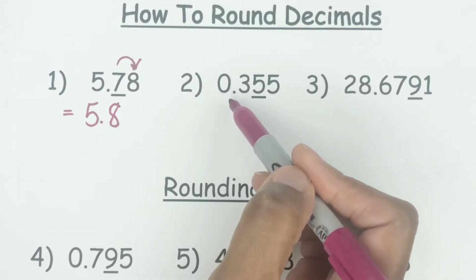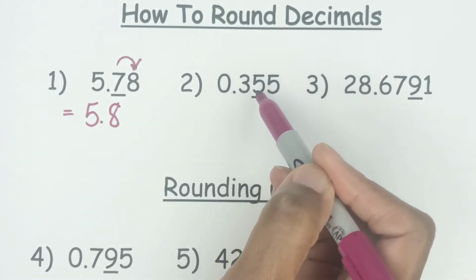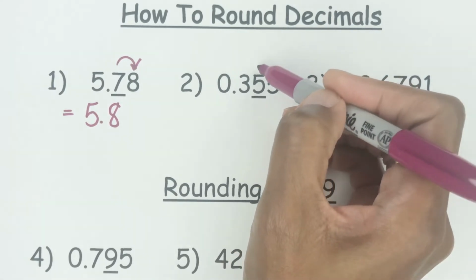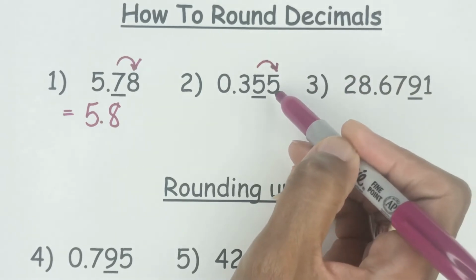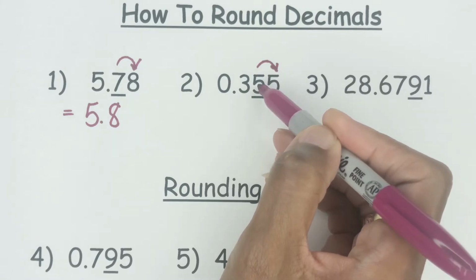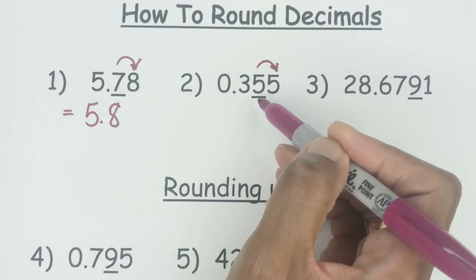Here we have 0.355, and we're rounding to the 100th place, which is the 5 in the middle. The first thing we have to do is look to the right. When you look at this number, this is a 5. So 5 or above, give it a shove. Give this underlined digit a shove up to the next digit.